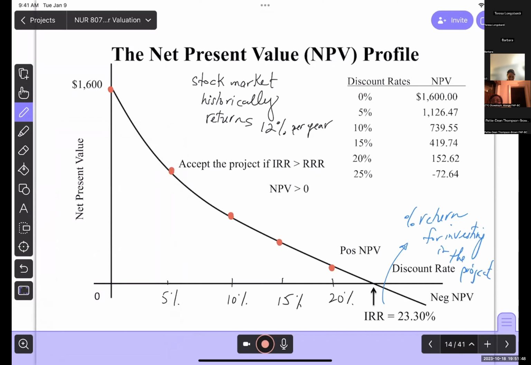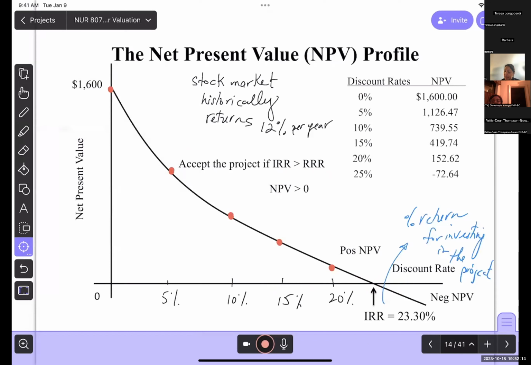So of course you're going to pursue that because that's better than you can get in the stock market. It's better than you can get in any kind of bonds or savings, right? So we should pursue it. That's how you think about it. So the IRR greater than the required rate, any of these you accept. So that's how we use the IRR.